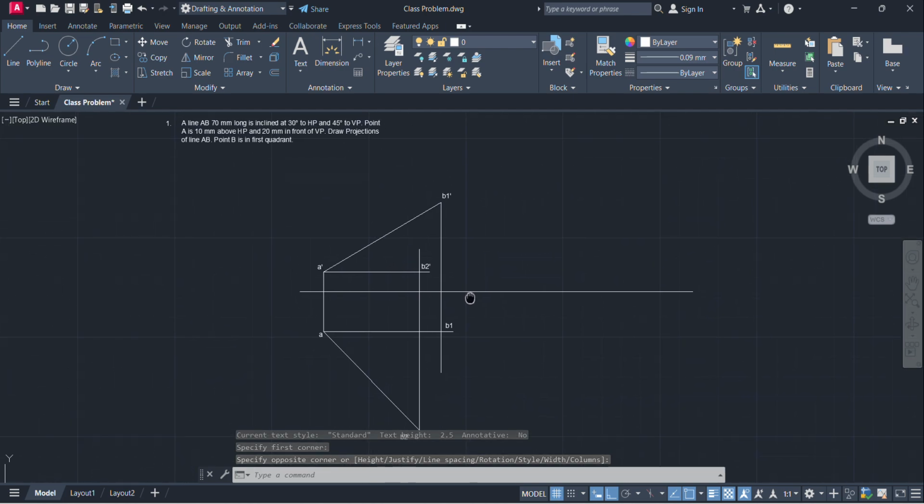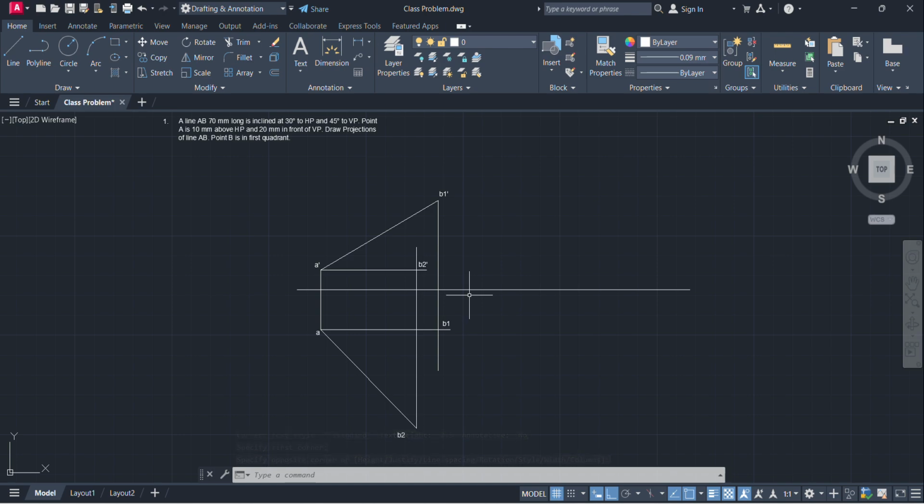So this covers the given part of the problem. Let me adjust point B2 a bit so that it will be easier to understand. So with this, we have done the initial part of the problem.